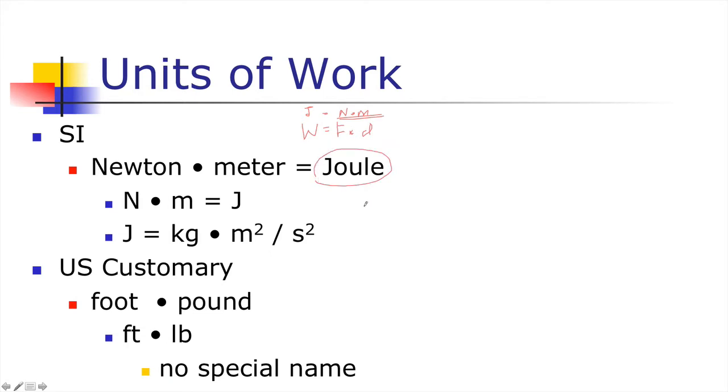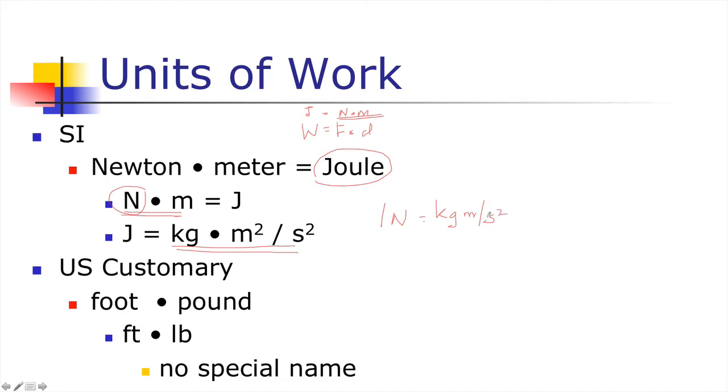So in short, you may say the SI unit of work done is joule. That joule is equivalent to Newton meter, or joule can also be the same as kilogram meter square per second square. Because if you remember, 1 Newton equals kilogram meter per second square.